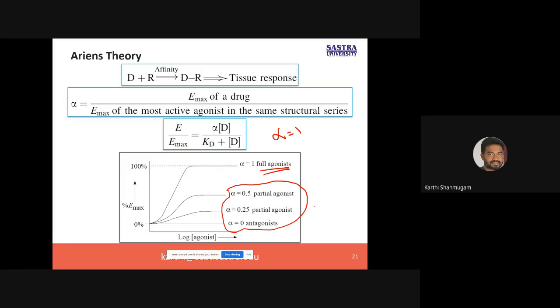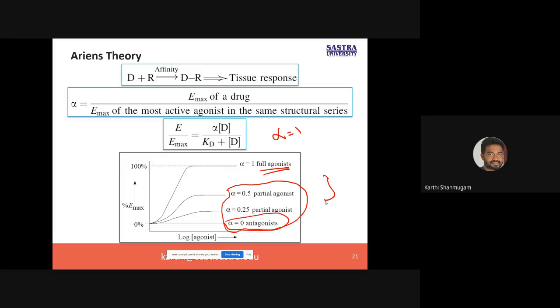If the alpha value is 0, the molecule is a complete antagonist, and we cannot expect any biological response. But if the alpha value ranges between 0 and 1, those are molecules acting as partial agonists, which cannot produce the maximum biological response like a full agonist.